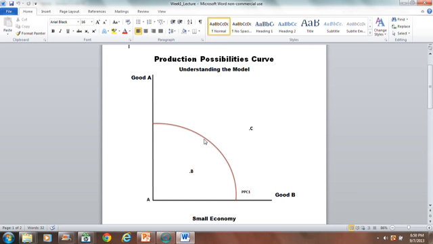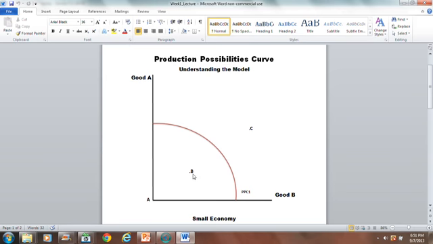Think of the curve as a mound of resources that we can tap into to produce different combinations of these two goods. So the curve is depicting scarcity. The points, point A, point B, point C, represent different choices, different combinations of these two goods.